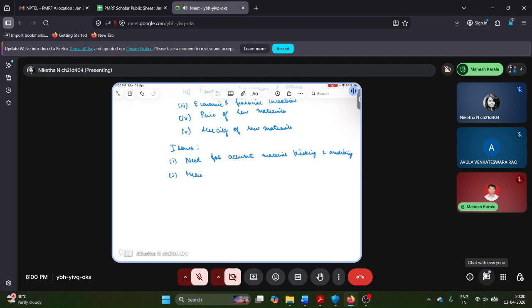The next issue is matching industrial output to feedstock requirements.